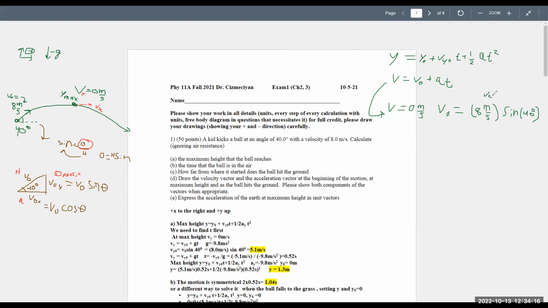That's v naught sine theta. And then you also know your acceleration, which is negative gravity, which is negative 9.8 meters per second squared. We're solving for t.